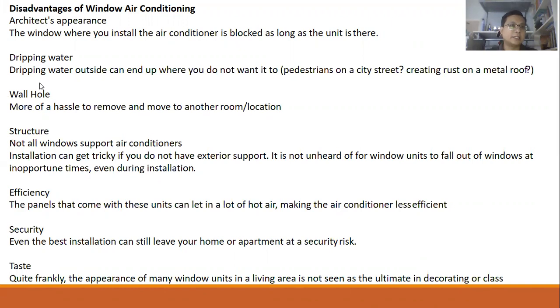Dripping water: dripping water on the outside can end up where you don't want it, such as pedestrians on the street, or creating rust on a metal roof. So it will drip to the outside, maybe to the road, maybe to another balcony, to your neighbor.